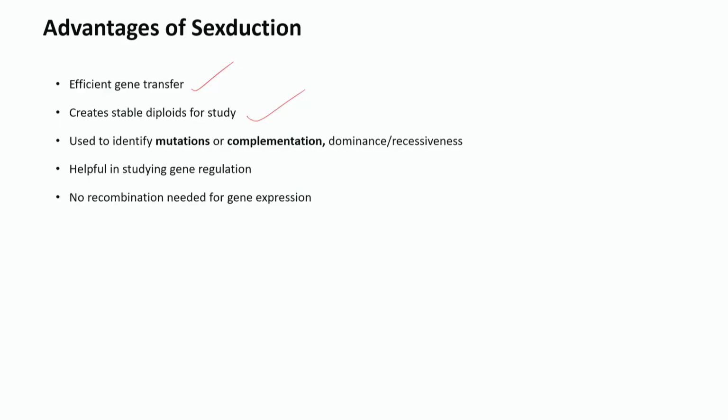So these kinds of mutants are used for complementation analysis. I'll discuss complementation analysis briefly in my next class, along with dominance and recessiveness. They are also helpful in studying gene regulation. And in this case, for making the diploid, no recombination is needed for gene expression.